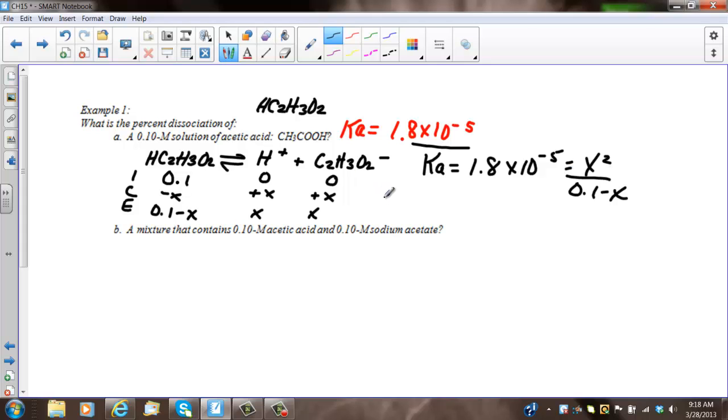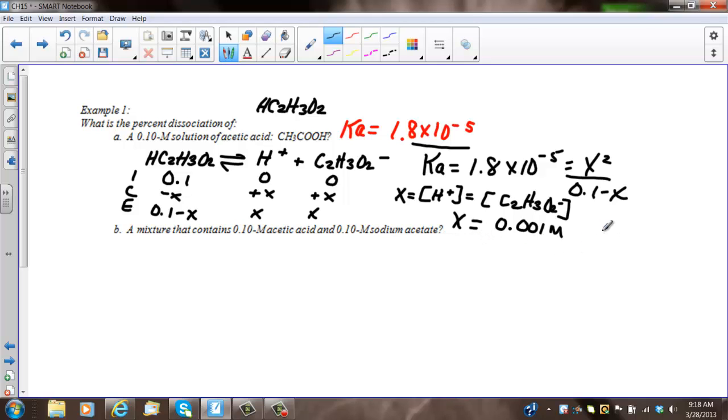I'm going to put it in my solver, and I'm going to get X equal to, which remember is the hydrogen ion concentration as well as the acetate ion concentration, 0.001 molar.